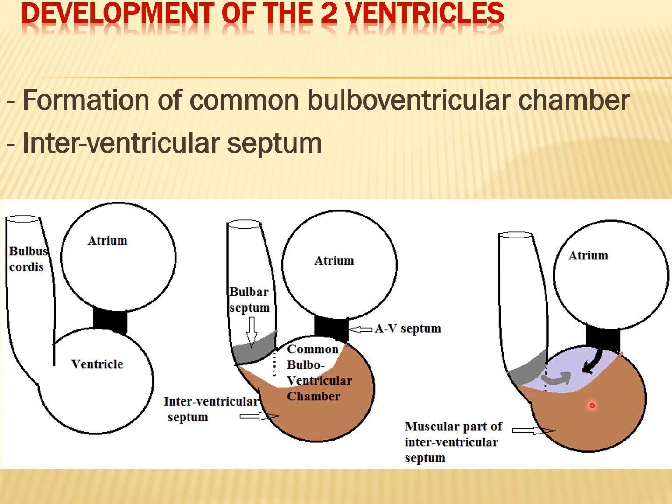So the ventricular septum or interventricular septum is formed from 2 sources. The lower part originating from the floor is the main part and is the fleshy part, while the upper part is the membranous part, and it is the most common site for ventricular septal defect. This is the thick part, while this is the membranous part.